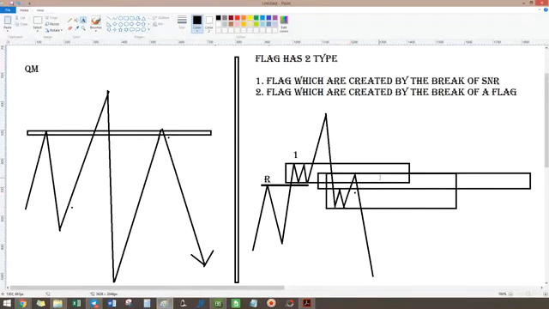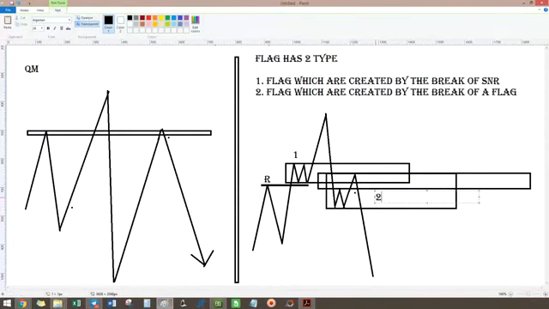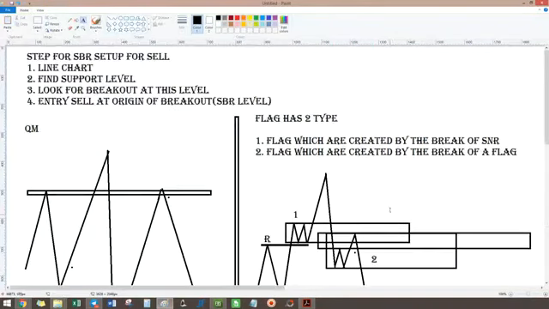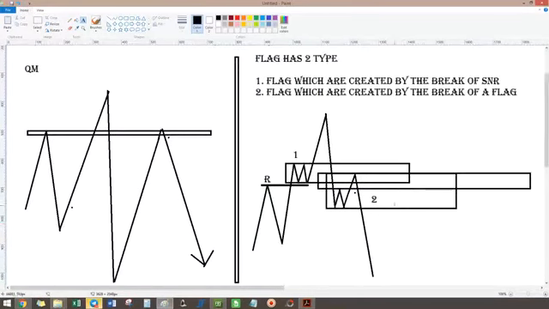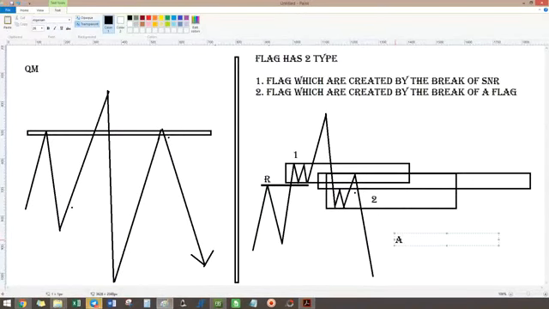Okay, there's another rule, if you ever heard of maximum pain level. I will explain to you. This is number 2. So to make it a valid MPL, price at number 2 must retrace in FL1.